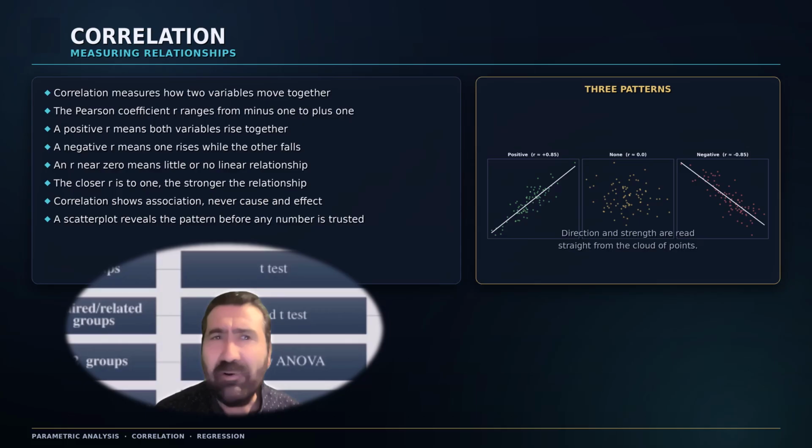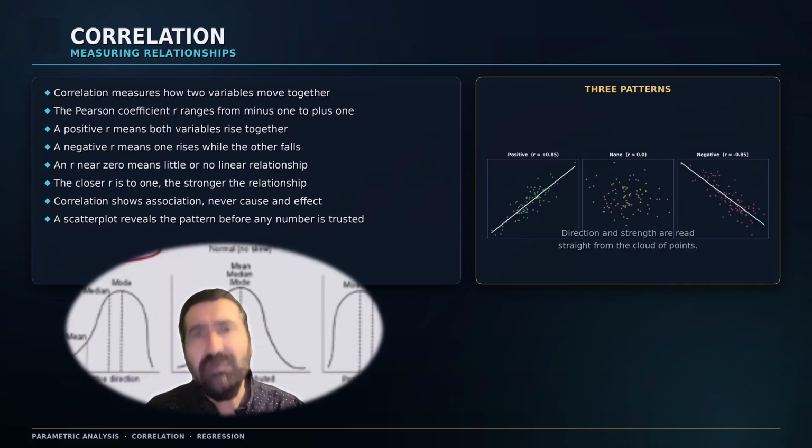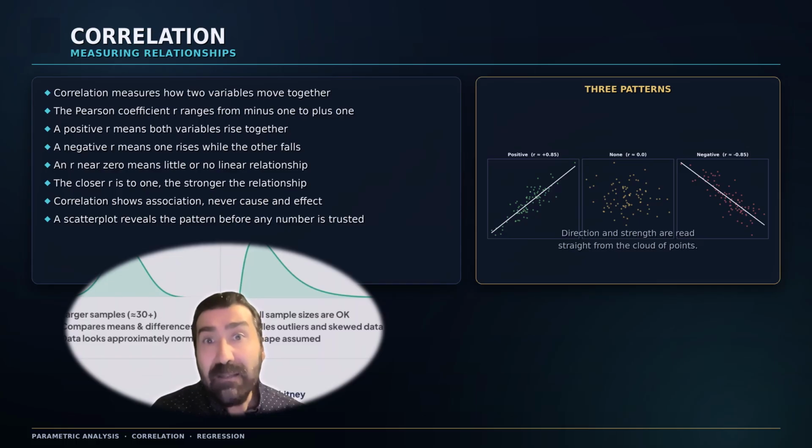Before you trust any correlation number, you look at the scatter plot. You let your own eye see the pattern in the cloud of points first. The number gives you a tidy summary of the story, but the picture is what tells you whether that story is even the right one to be telling.